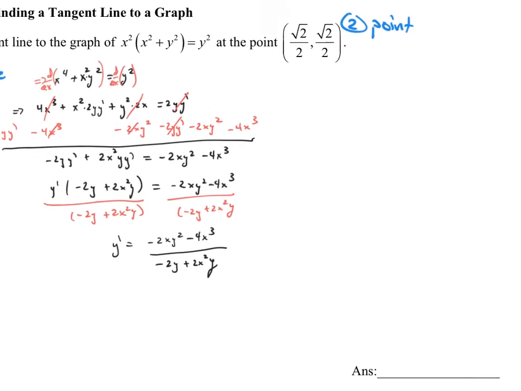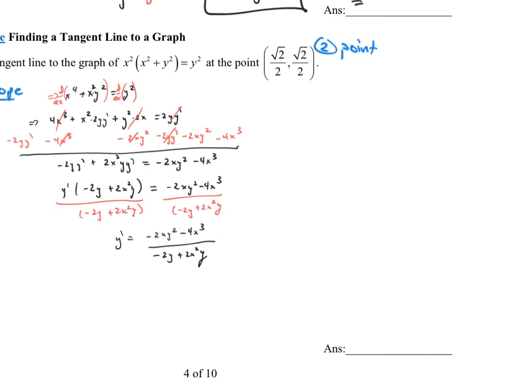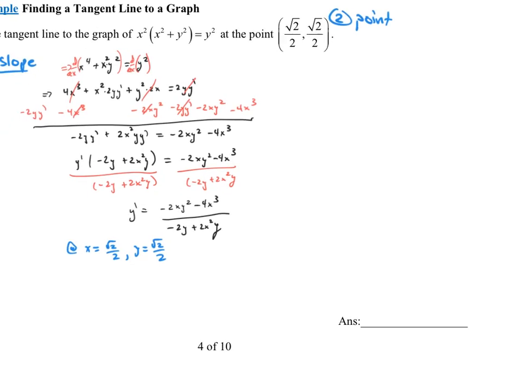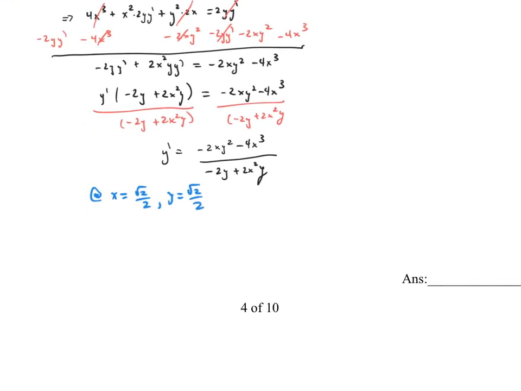So what I'm going to do is plug in my x and y values here. So we're going to look at it at x equals root 2 over 2 and y equals root 2 over 2. Again, I'm not saying this is pretty. We're going to plug it into our calculator, but let's give it a go.